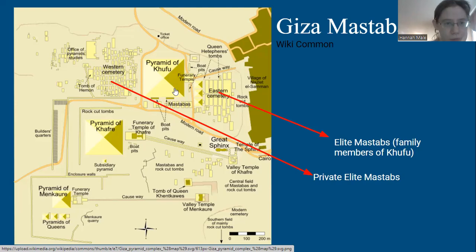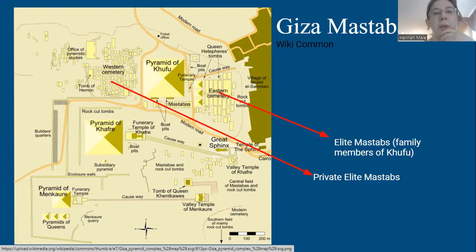So Khufu's pyramid here, we have the pyramid itself, and then we have his funerary temple, the temple where offerings were made to his spirit after he passed. But then next to his pyramid, we have the Eastern cemetery. So these are mastabas, or tombs, for members of Khufu's family.